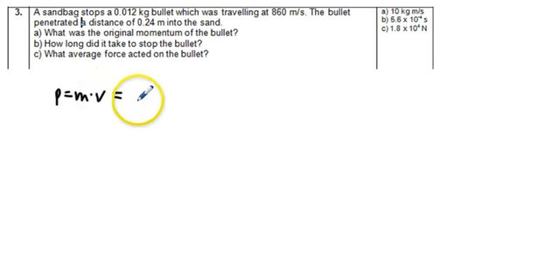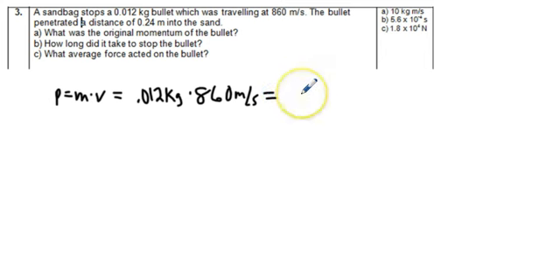So our mass is 0.012 kilogram. It was nice of them to put that in kilograms for us, times 860 meters per second. And when you multiply that out, you don't get exactly 10 kilograms meters per second. You actually get 10.32, but that should be rounded off to, actually I don't like the way they reported the answer.